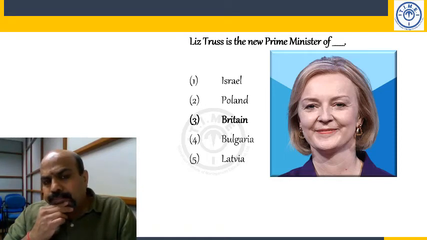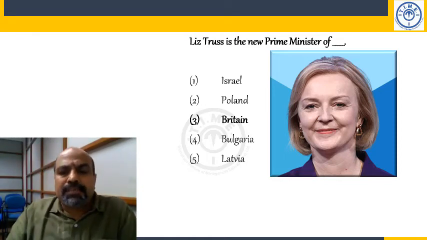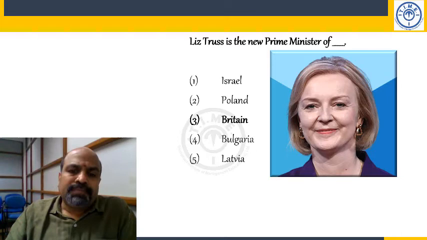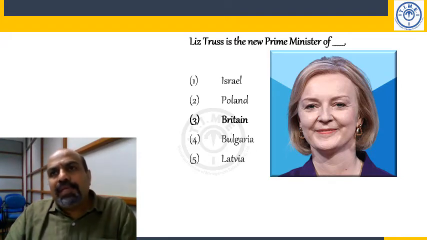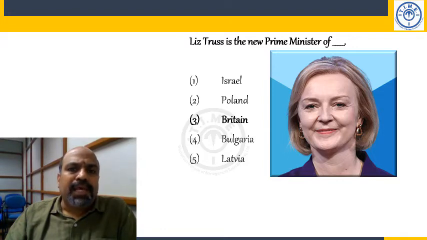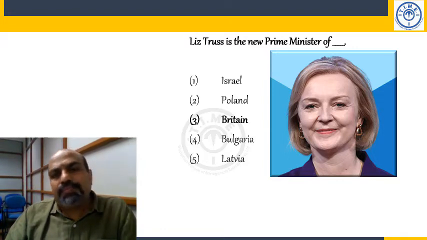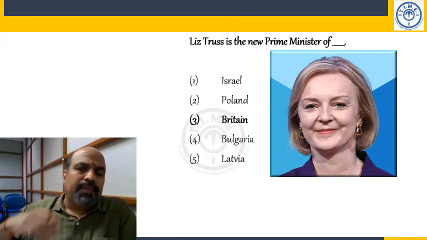Bulgaria, the prime minister is Galab Donev.